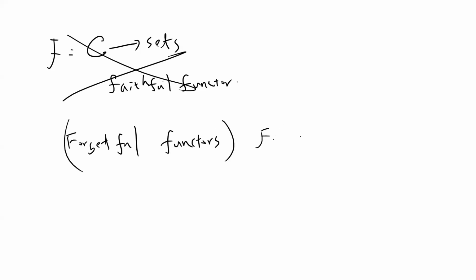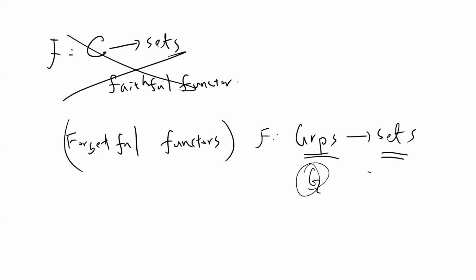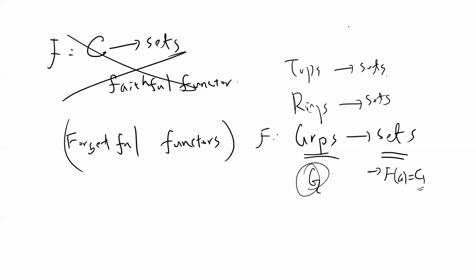For example, if you map the category of groups to the category of sets, someone gives you a group G, and you just forget the structure of G, so it maps into the set which is the same as G, but you forget the group structure. And it is easy to see that this is a functor, right? You can also map rings to sets, and topological spaces to sets. Okay, so this is called a forgetful functor, which is commonly used.